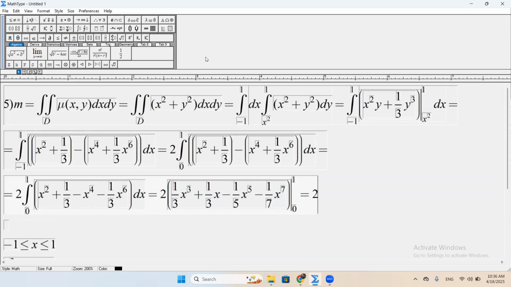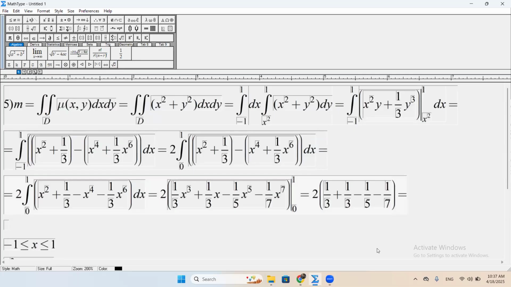And so 2 multiplied by 1 over 3 plus 1 over 3 minus 1 over 5 minus 1 over 7.